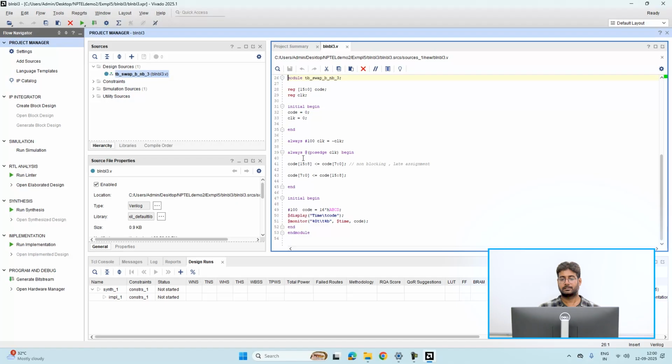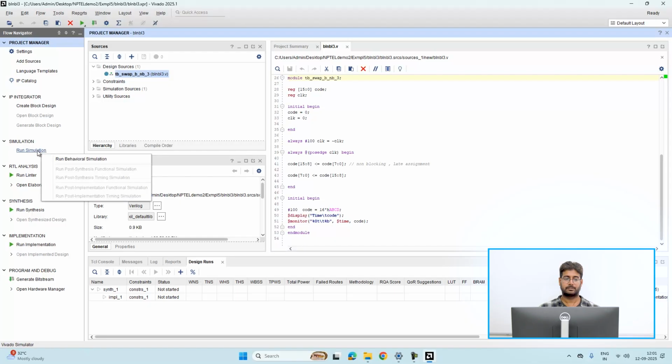When this begin block closes, only then does assignment happen. Code 7 to 0, which was CD, will go to 8 to 15, and code 8 to 15, which was AB, will go to the place where CD was. So output should be CDAB, which we can check through simulation.